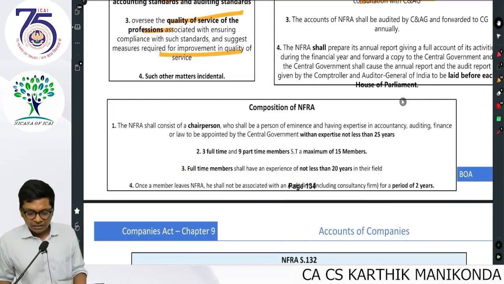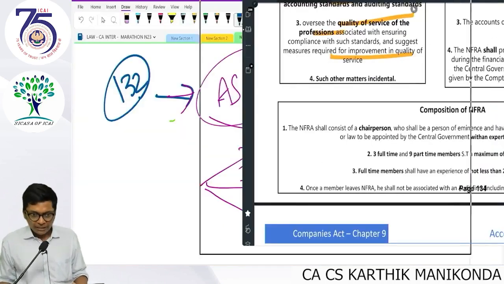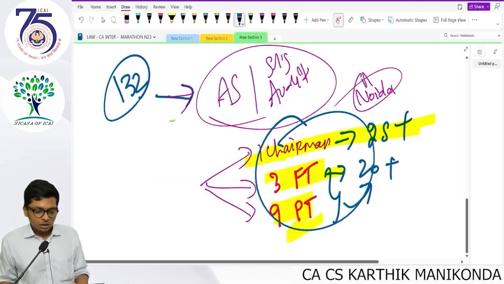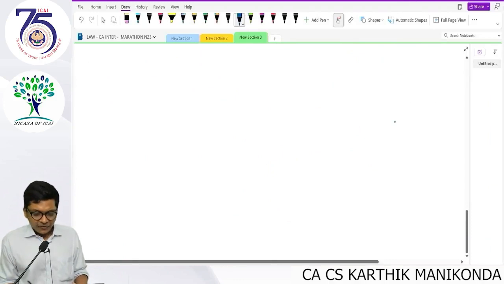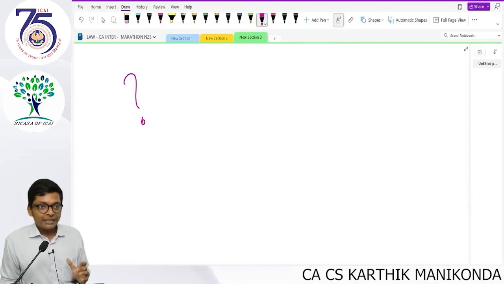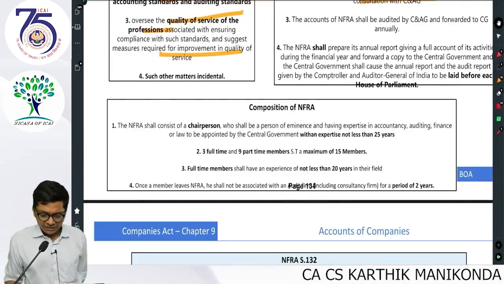Why? It affects the independence. Are you following, guys? So you can't be associated with any of them. That is NFRA. Mainly for NFRA, whom does NFRA oversee? There are some limits. It oversees the following companies.